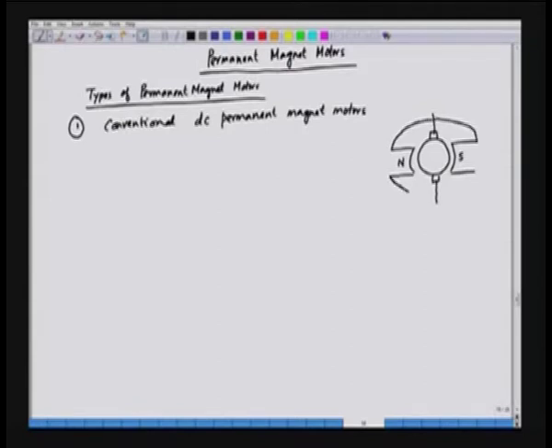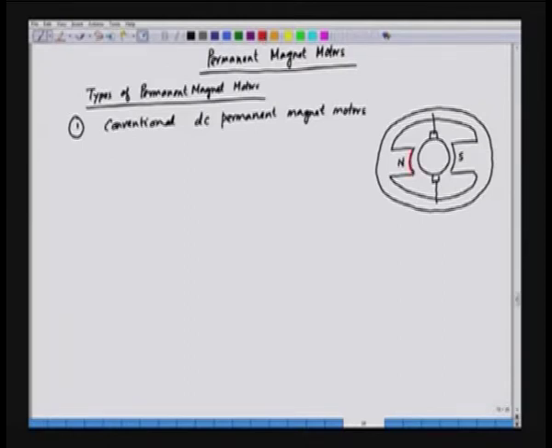So, this is the structure of a permanent magnet DC motor, the conventional one. So, we have the armature and we have the field winding. The field winding are having permanent magnets. These are the permanent magnets in the field winding.